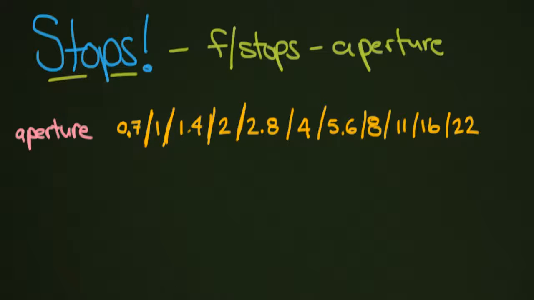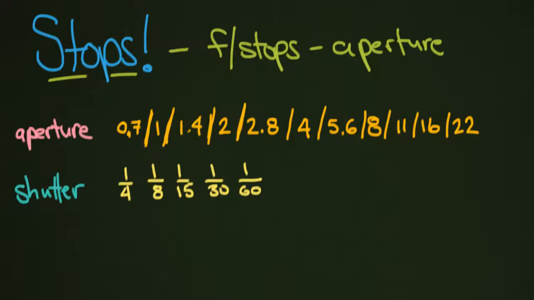All right, now we're going to take a look at shutter speeds. So we've got shutter here, and we'll use yellow for this. And we're going to start at 1/4 of a second, and then you're going to move up to 1/8 of a second. From there, you're going to move to 1/15 of a second. Then a lot of you should understand, after 1/15 of a second, it's going to go 1/30th, and it's just going to double all the way up, basically.